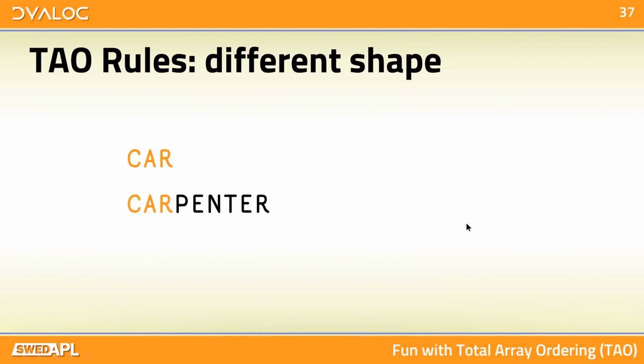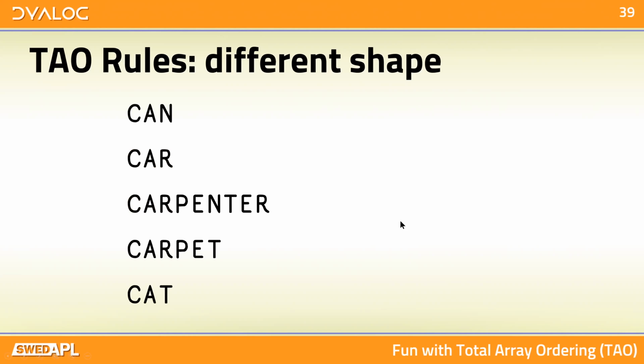So we have CAR, and then we look at whether there's anything after that. CAR has nothing, and carpenter has something, penter, and nothing comes before something. Therefore, car comes before carpenter. Make sense so far? Okay, so we can, of course, apply that to anything.